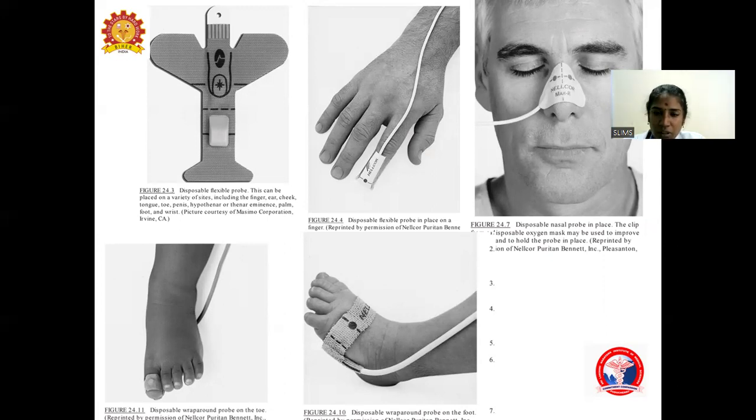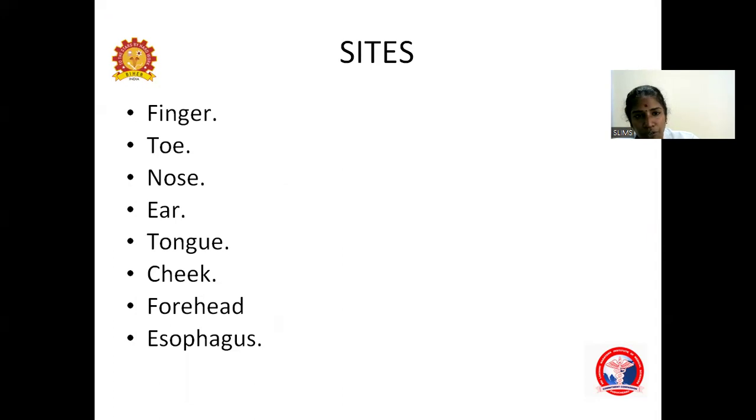So many sites are there. See: finger, toes, nose, ear, tongue, cheek, forehead, and esophagus. So there are 8 sites: the finger, toes, nose, ears, tongue, cheek, forehead, and esophagus.